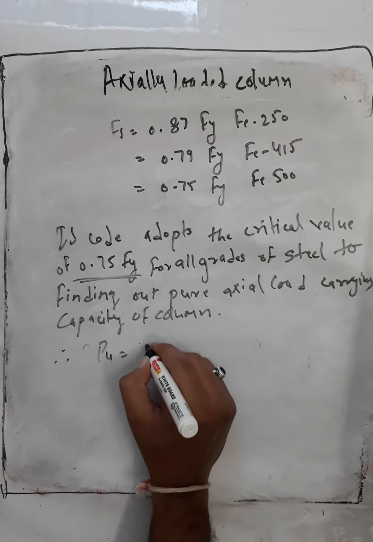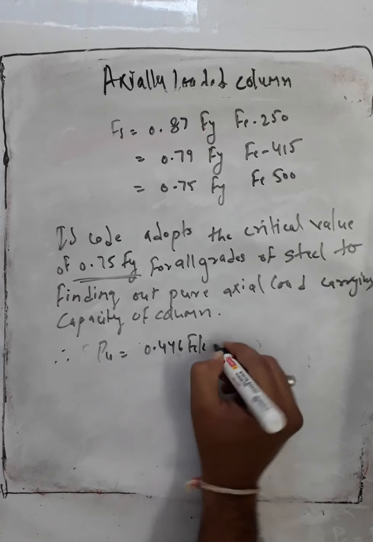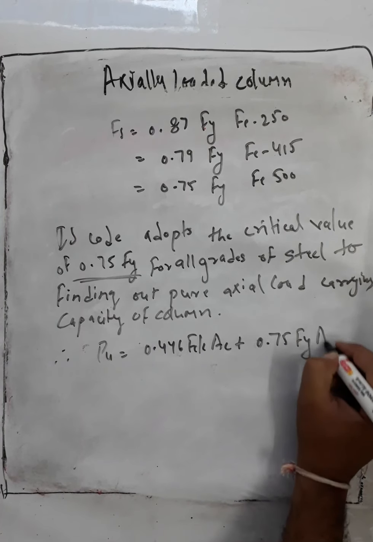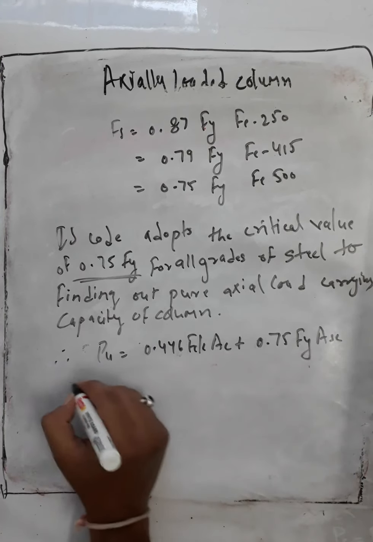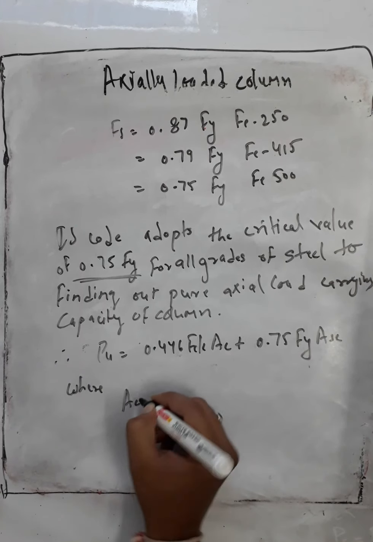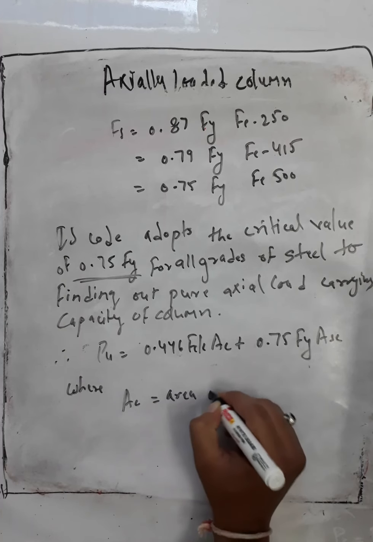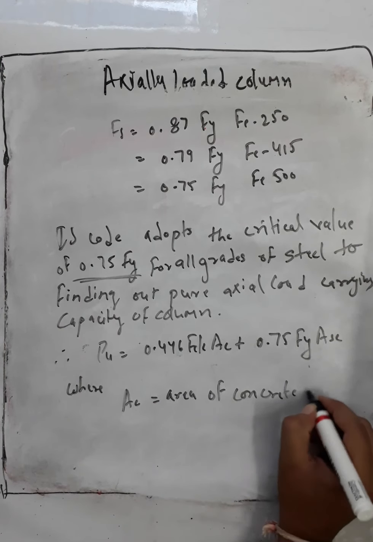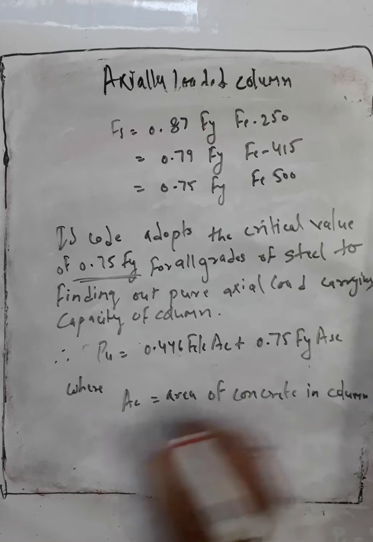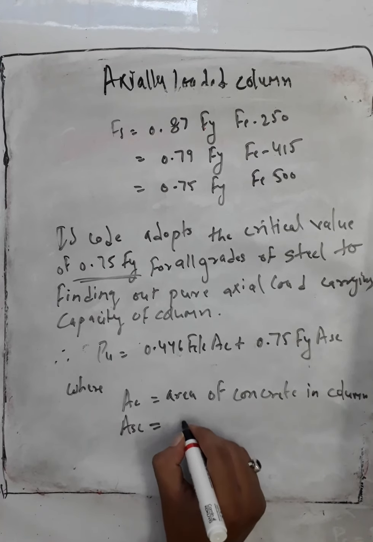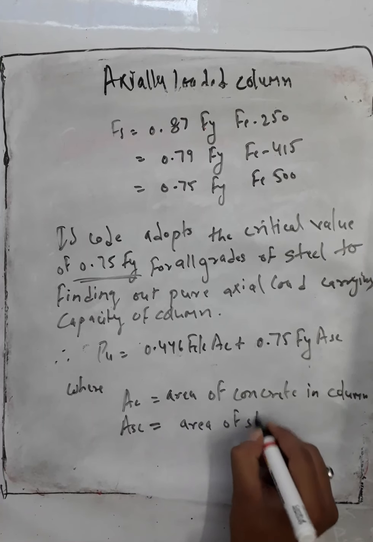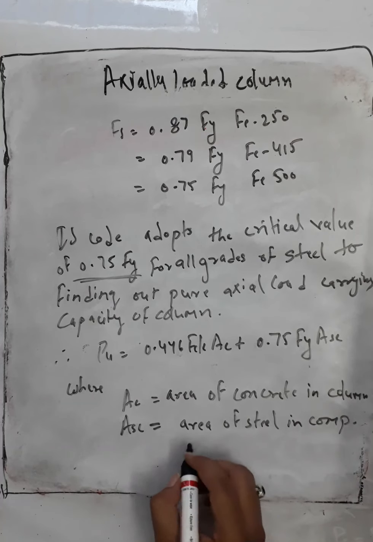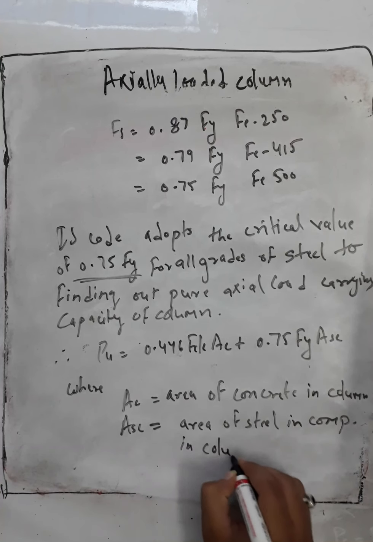So Pu is equal to 0.446 fck Ac plus 0.75 fy Asc, where Ac is equal to the area of concrete in the column, and Asc is equal to the area of steel in compression in the column.